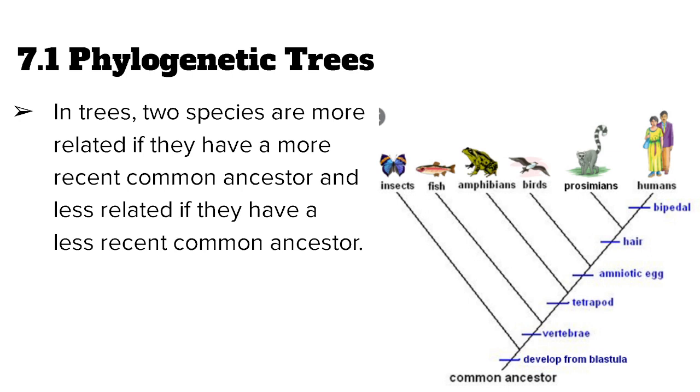So we're seeing these traits being shown. And if we were to follow these down, we could see where they fork and split. That's where we would call something a more recent common ancestor or a less recent common ancestor. That common ancestry is the point at which, evolutionary speaking, secular scientists are saying they're going to split.